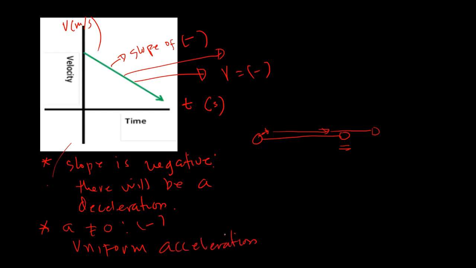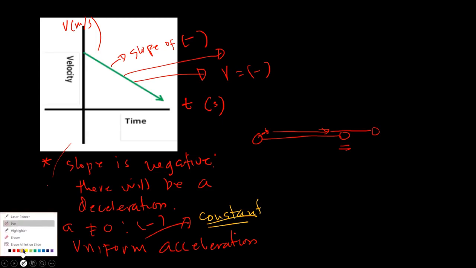That means the acceleration is constant. When we say uniform acceleration, this pertains to constant. Okay? So this is constant acceleration but in a negative value.